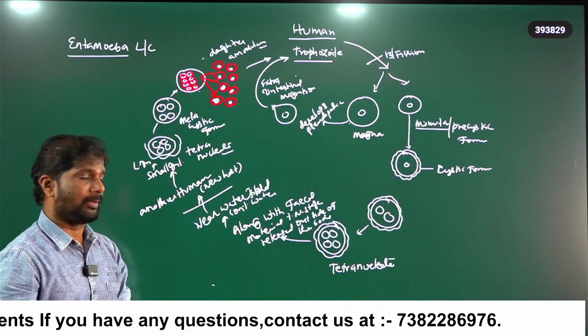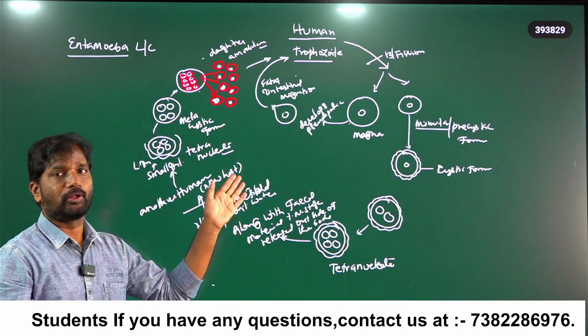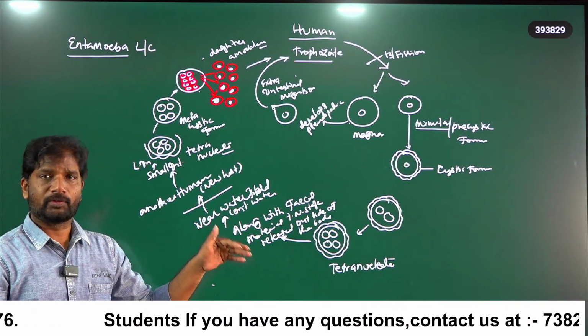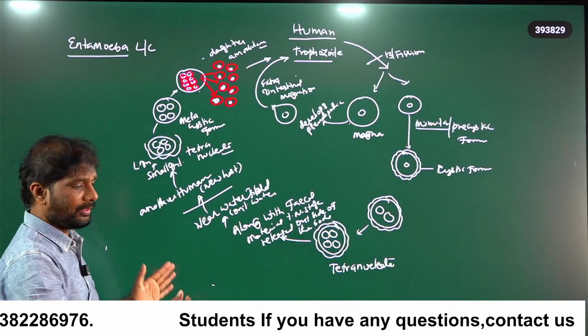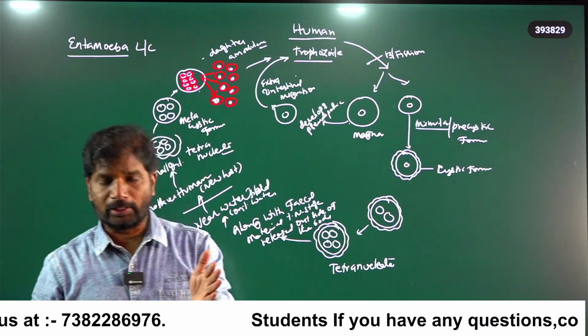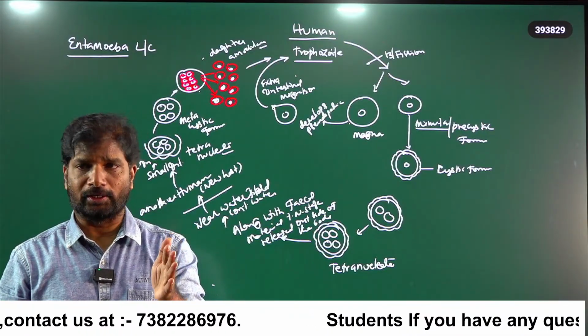Again, in this person, the life cycle appears. So this is the life cycle of Entamoeba histolytica.